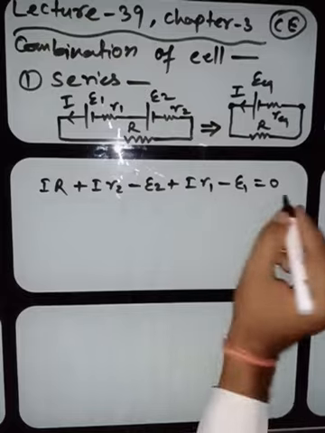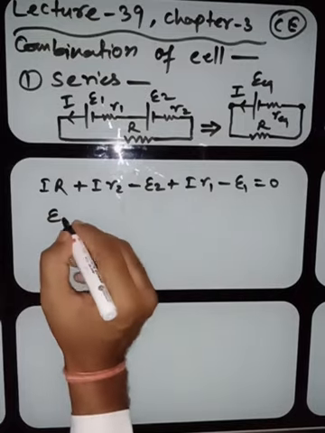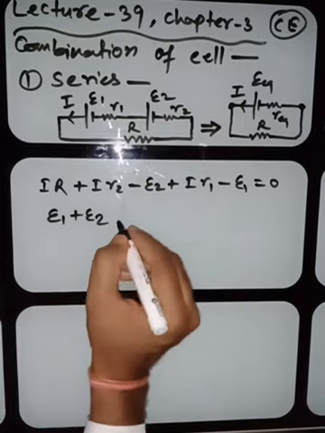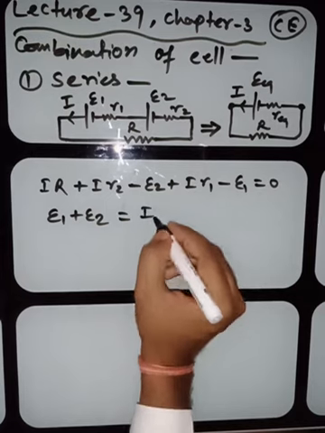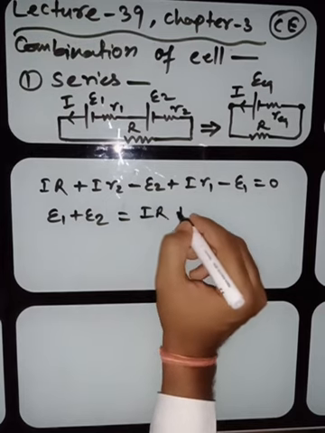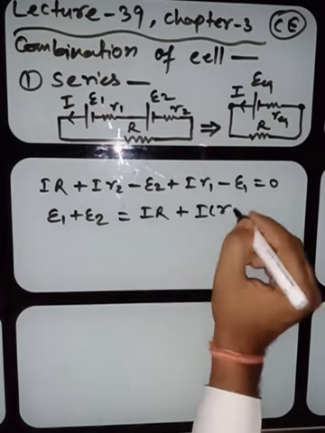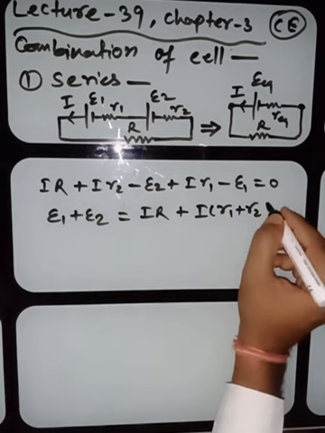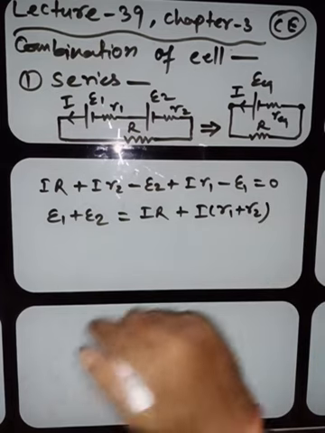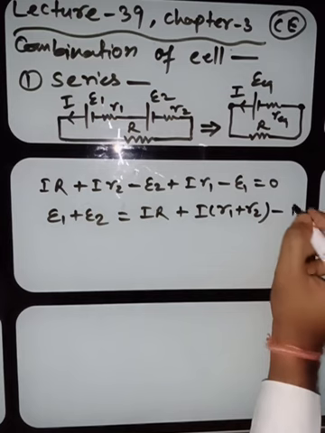Now we can write E1 plus E2 is equal to I R plus I (R1 plus R2). Am I right, my dear student? Yes, we can write. Suppose this is equation 1.